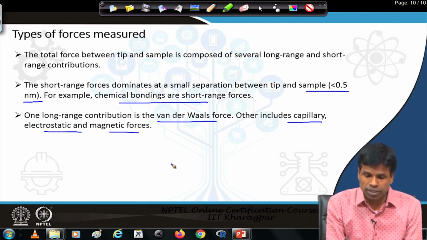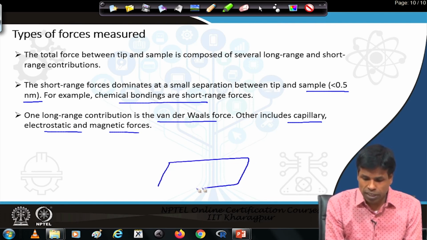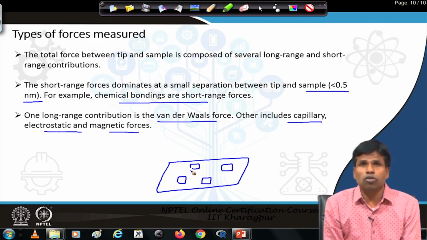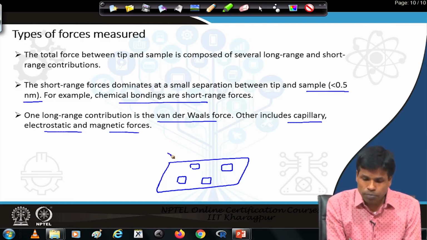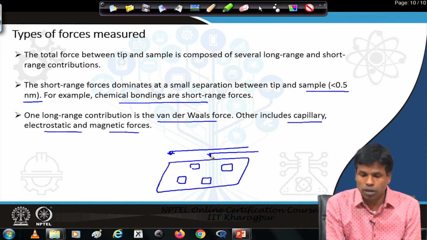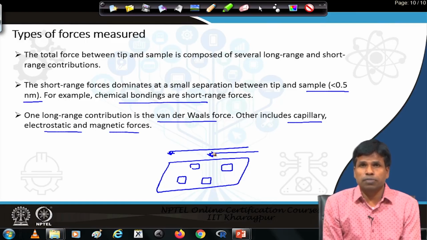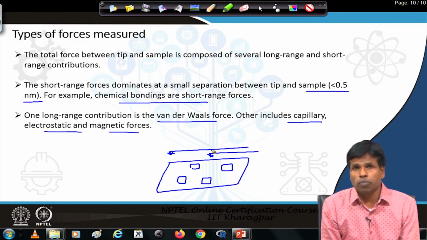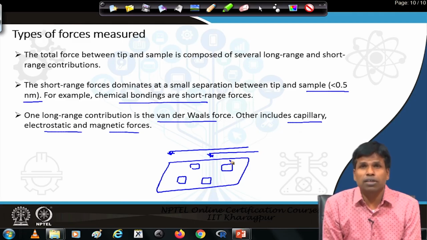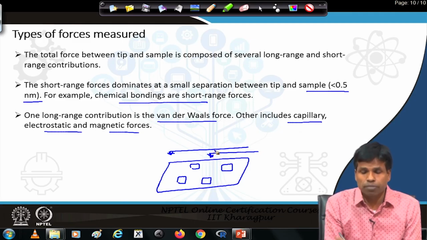For example, in one sample there are a few regions where magnetic particles are there, and in other regions no magnetic particles are there. Then if our tip or probe goes above the sample, it will detect them, and certainly the tip has to be also magnetic in nature, then only the magnetic force can be measured between the tip and sample.